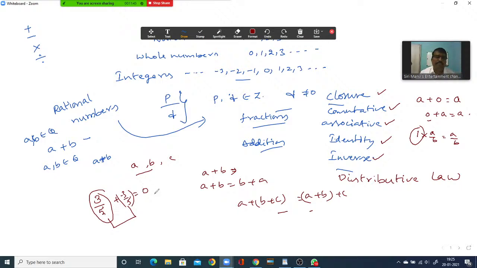Similarly, 3 by 5 into 5 by 3 is equal to 1. Then we say that 3 by 5 and 5 by 3 are multiplicative inverses of each other.